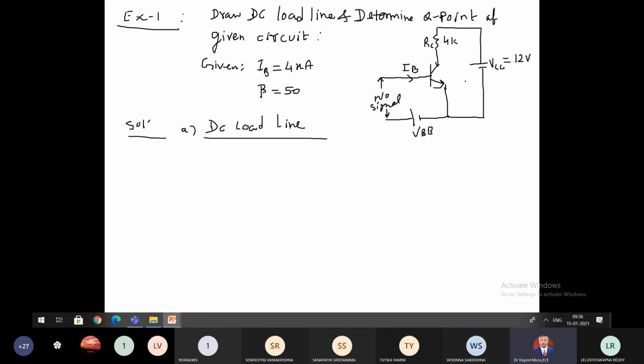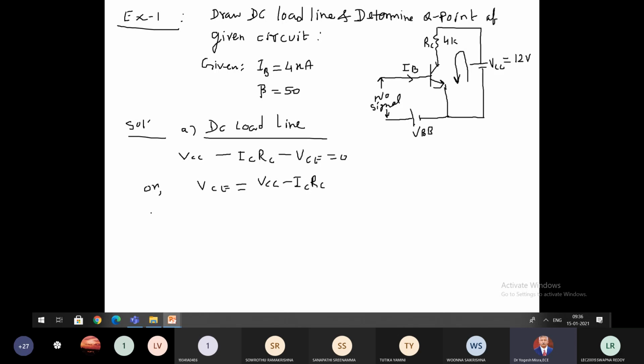So here if you apply the KVL in the collector and emitter loop, then we get the expression VCC minus IC RC minus VCE is equal to 0. Right? Already we have written in last slide, and in terms of VCE, this is VCC minus IC RC.